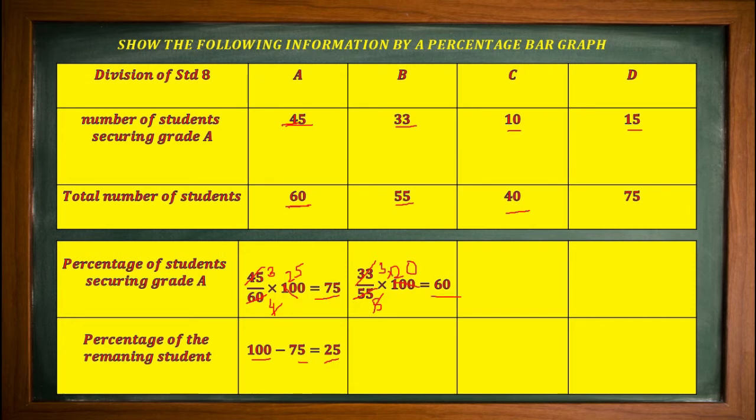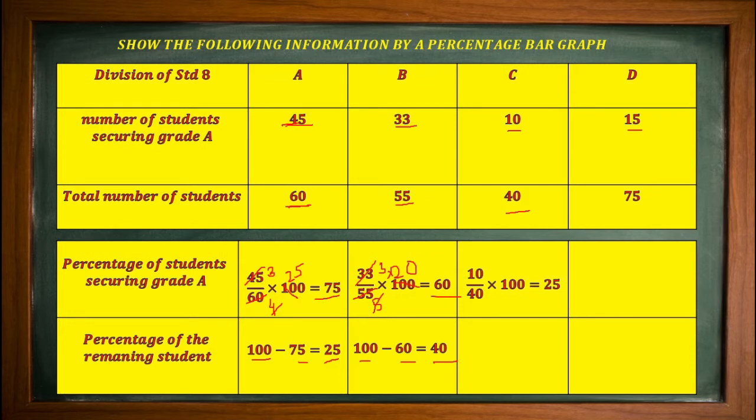So 60% of B division students secured grade A. How many students are remaining, not securing the same grade? 100 minus 60 is equal to 40. Now we'll discuss more about C division.